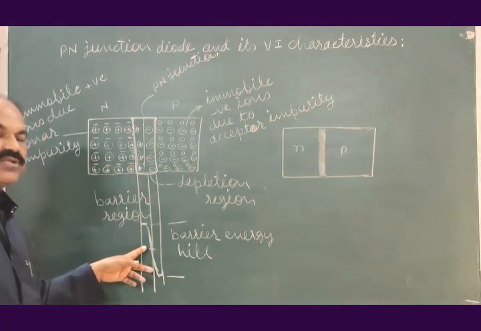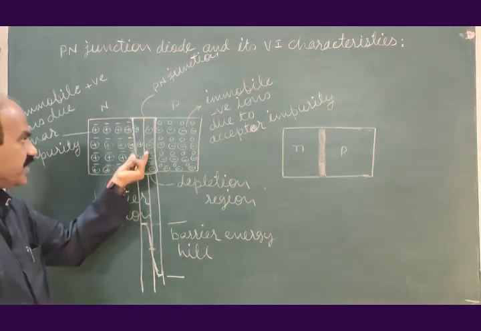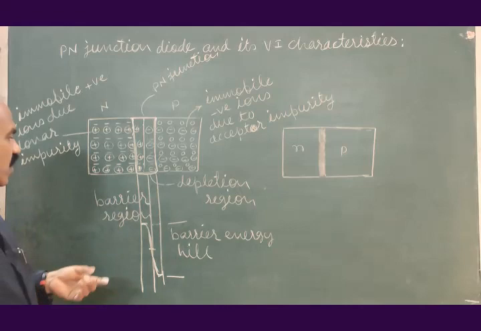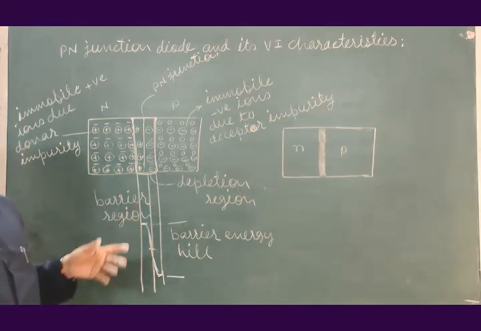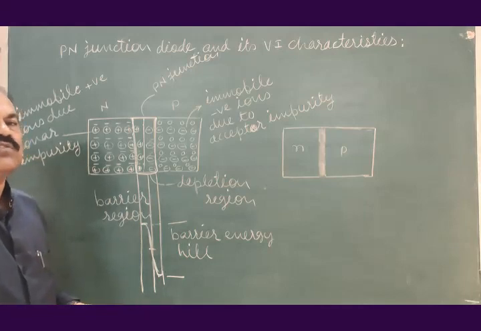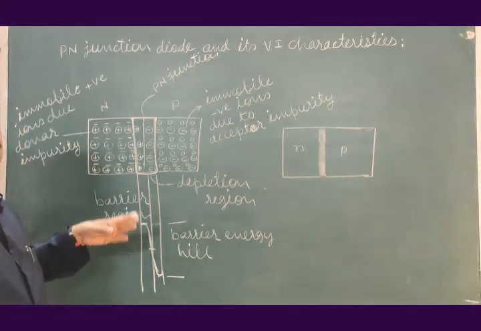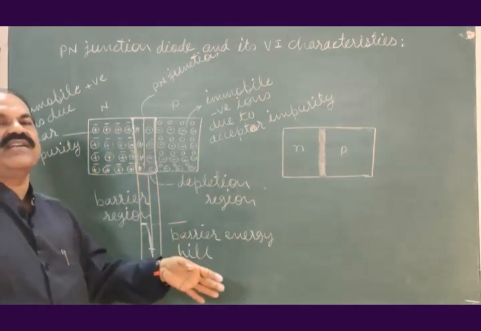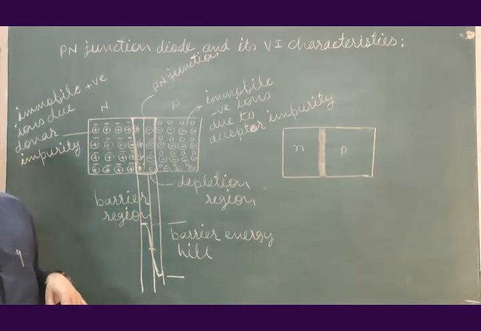This is because of this depletion region or barrier region. It does not allow further movement of the negative charges from n side to p side and the positive charges from p side to n side.